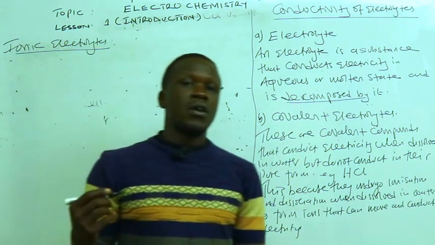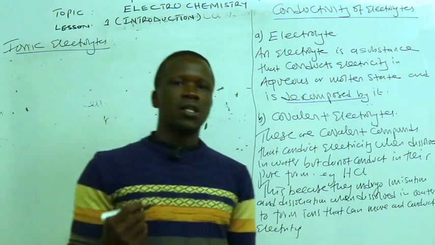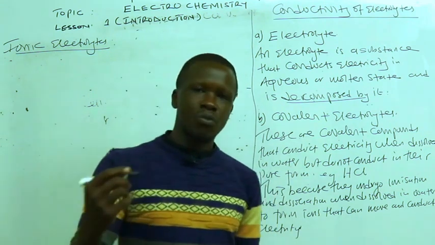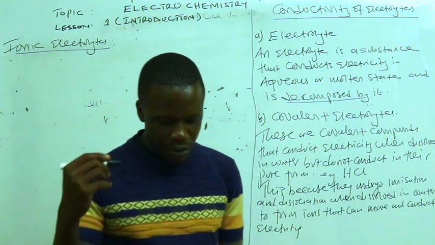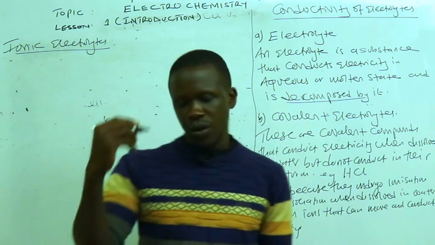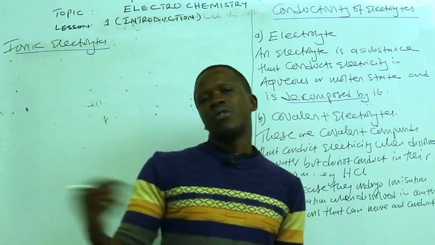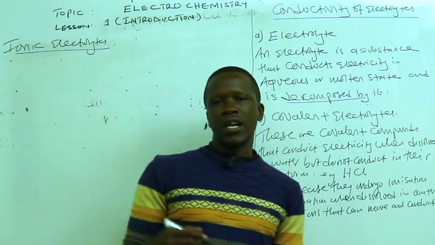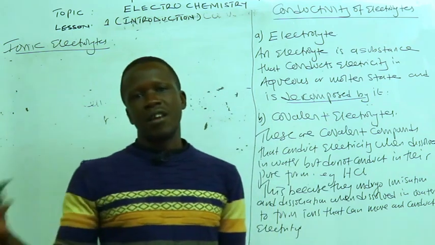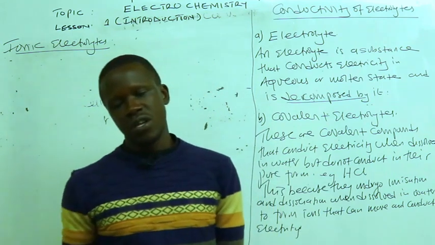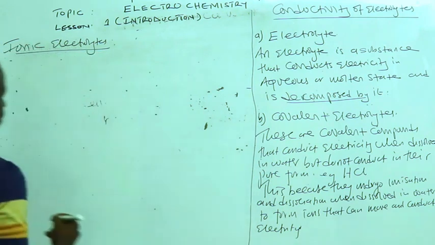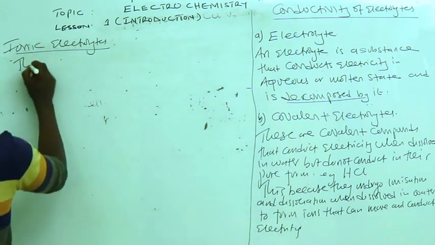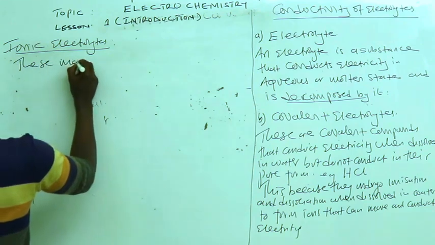If we do not melt them, then we can dissolve them in water because most of these ionic compounds are soluble in water. Once you dissolve them in water, you break the strong ionic bonds and the ions are free to move.